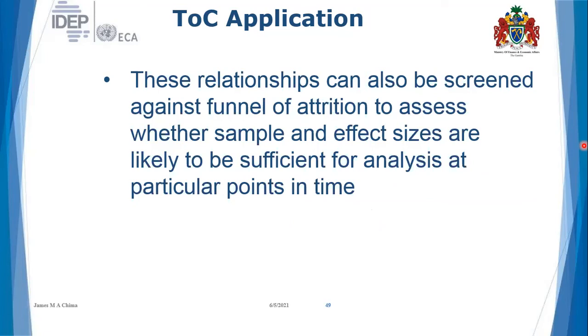These relationships can also be screened against the funnel of attribution to assess whether sample and effect sizes are likely to be sufficient for analysis at particular points in time.